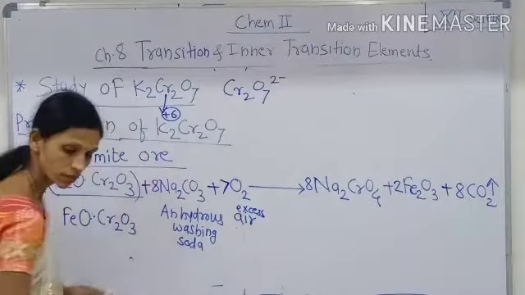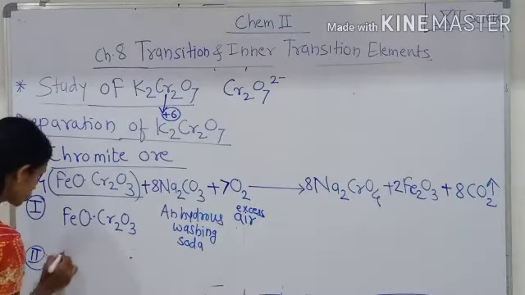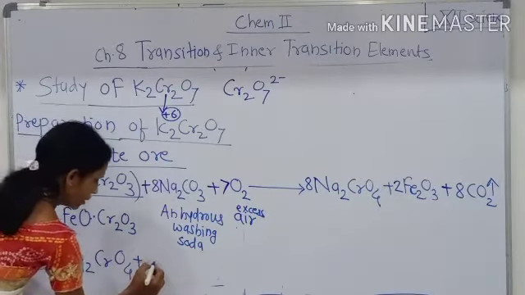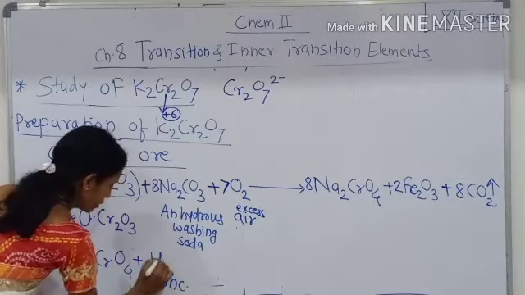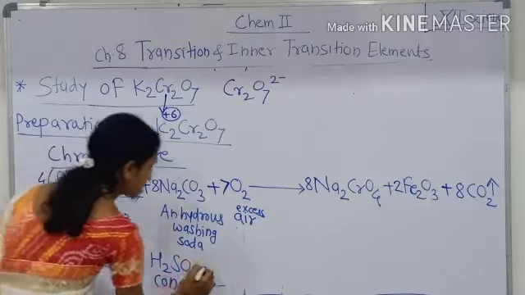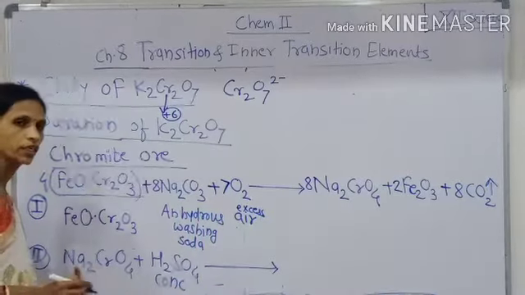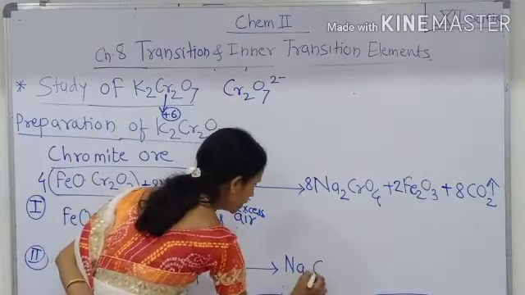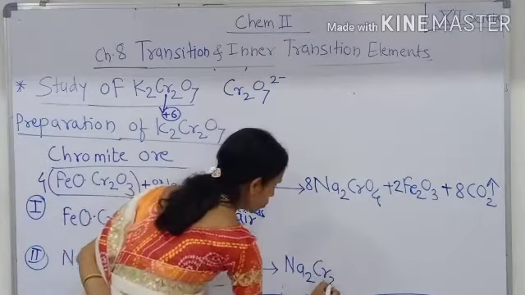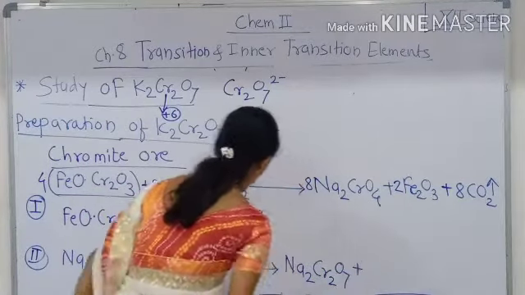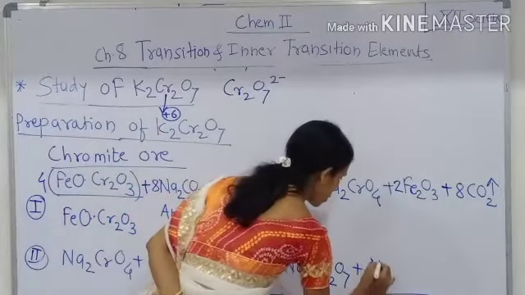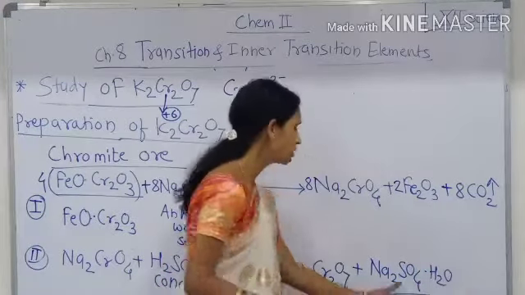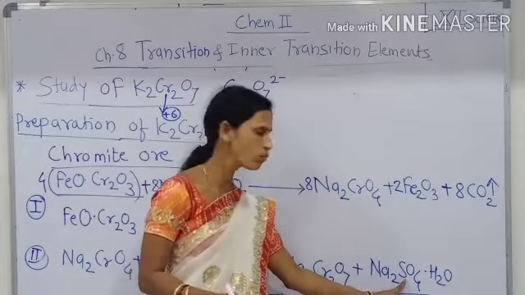Therefore, in the second step, sodium chromate, Na2CrO4, is treated with concentrated H2SO4 and is converted into sodium dichromate, Na2Cr2O7, with the formation of Na2SO4.H2O, the hydrated form of sodium sulfate.